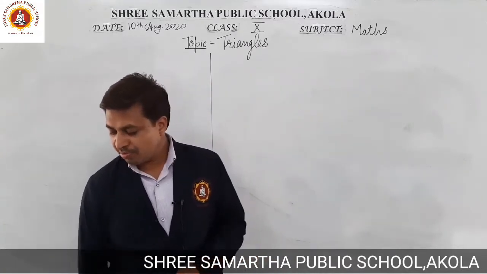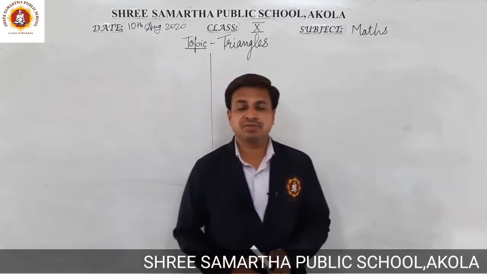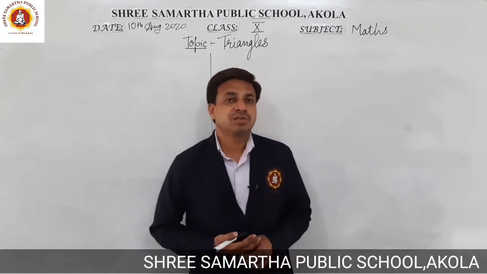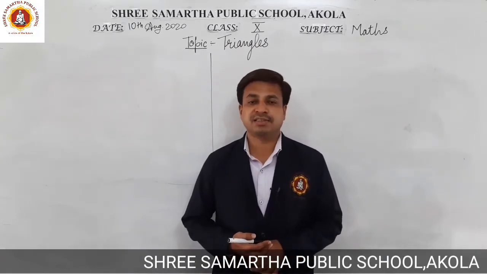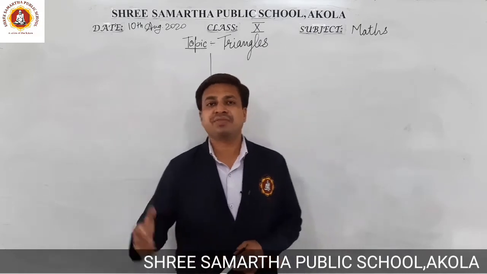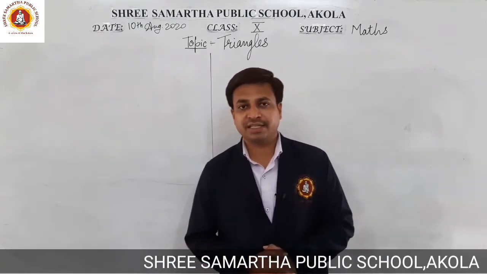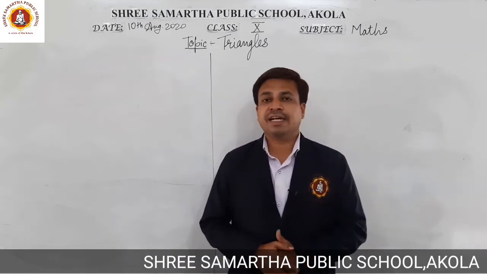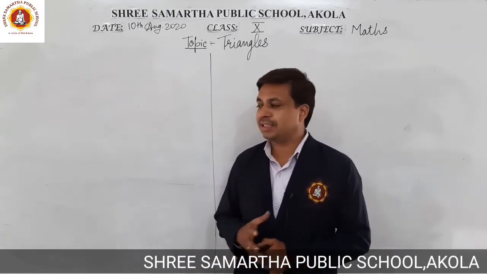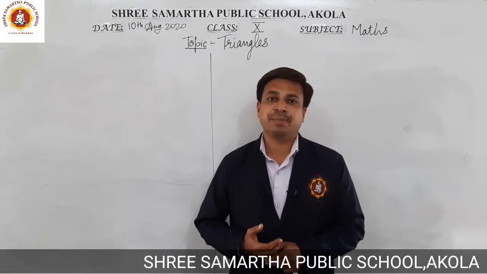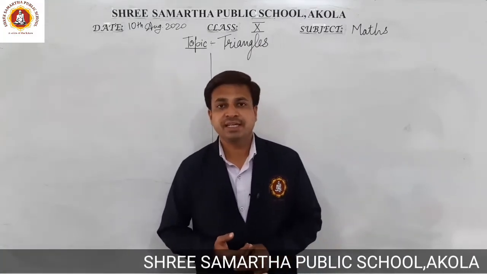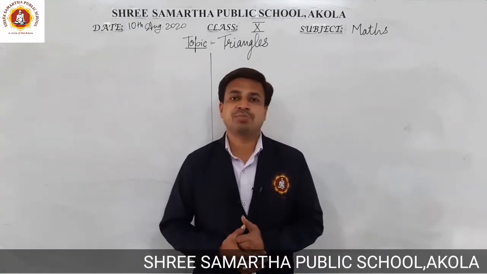Before starting today's topic, dear students, we will revise in short what we have considered in the last session. In the last session, we considered some examples from exercise 6.3 and some other extra examples. The examples were based on the criteria of similarity of triangles.